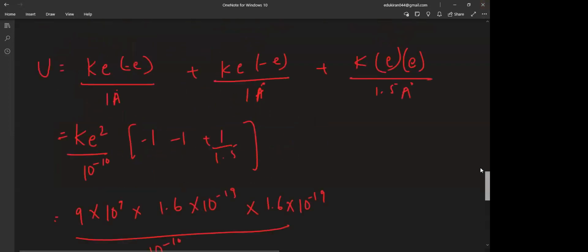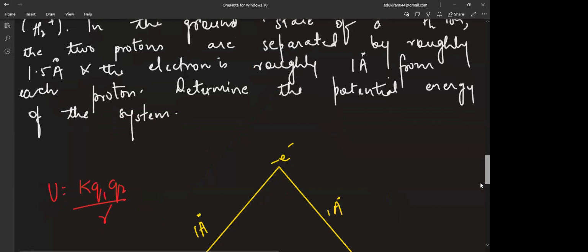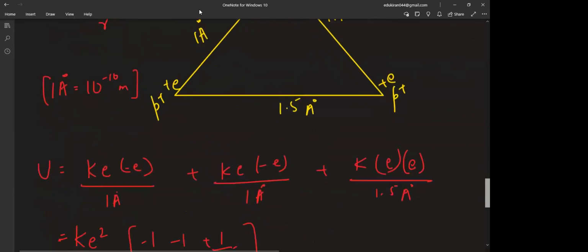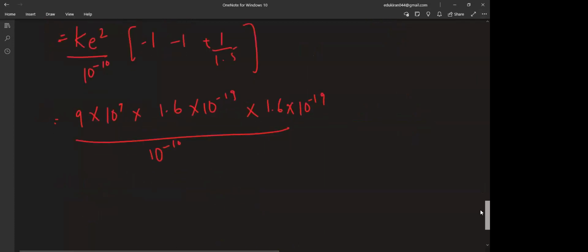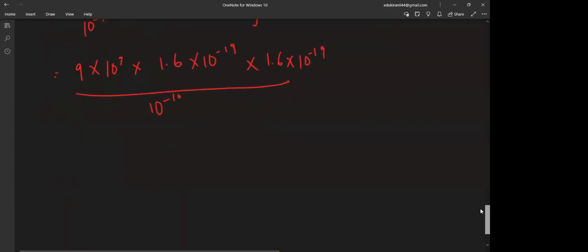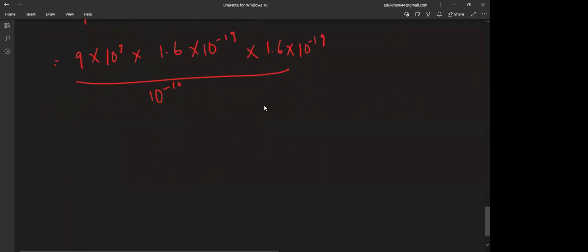No units are specified, no? Determine the potential energy of the system. So Tarif, how are you getting it, and why did you calculate it in electron volts? It wasn't mentioned to calculate in electron volts. Specific reason? Anyway, this becomes minus 4 by 3. This much of joules is your answer.